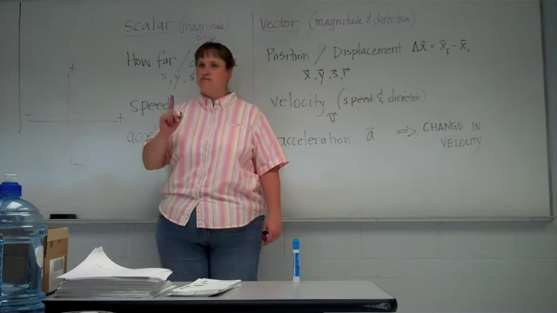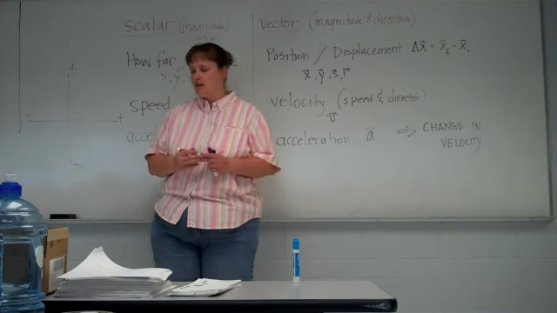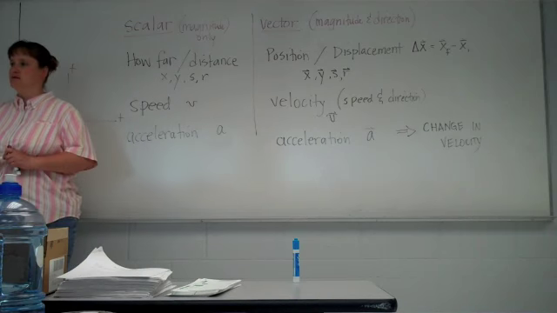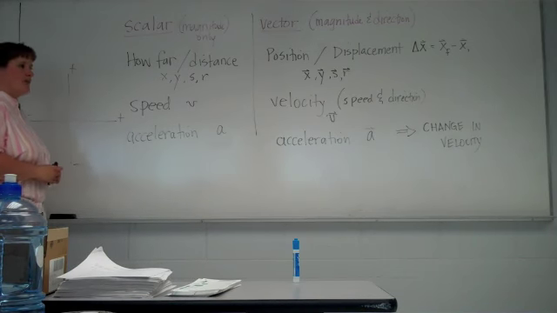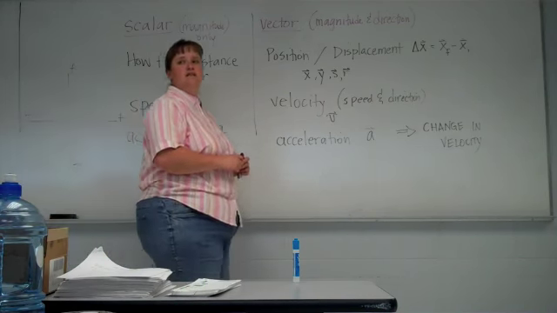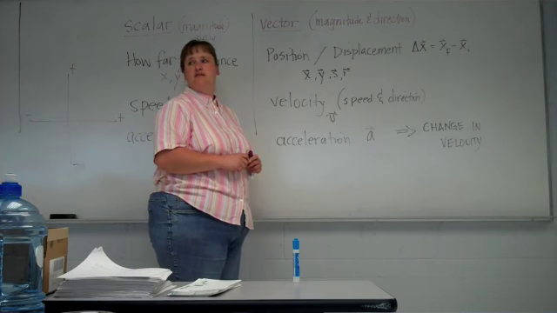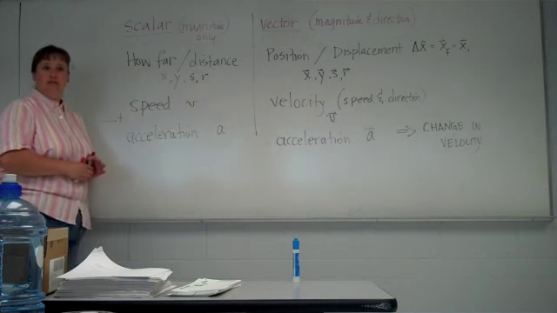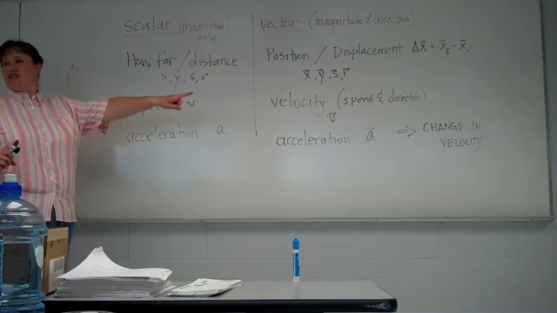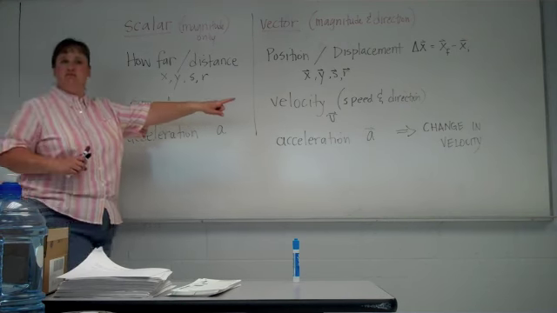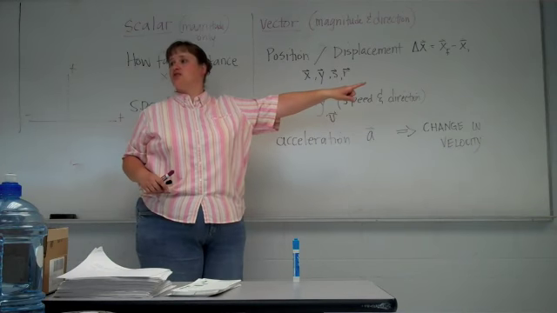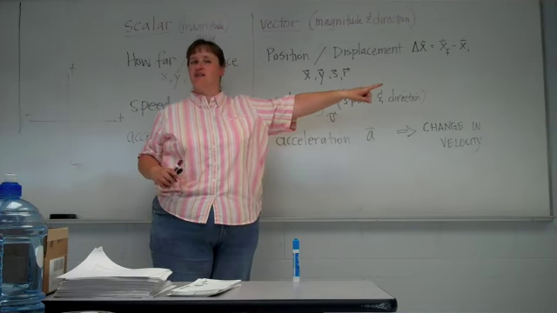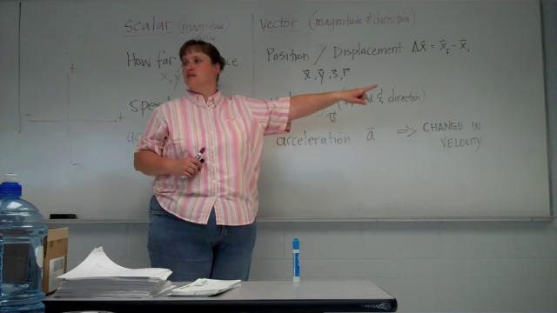Okay. Velocity. Let's say I'm over here, and I'm walking this way. Is my velocity positive or negative? Positive. If you draw the arrow representing the direction I'm walking, it's pointed in the positive direction. So my velocity is positive as long as I'm headed that way.